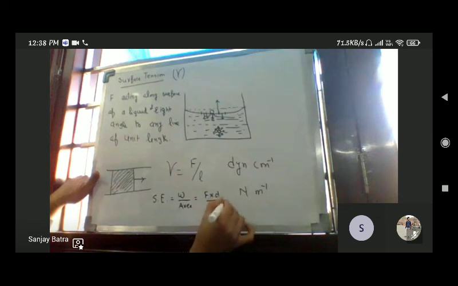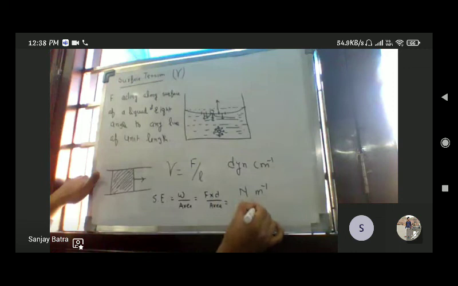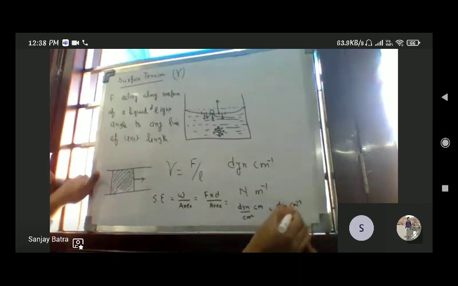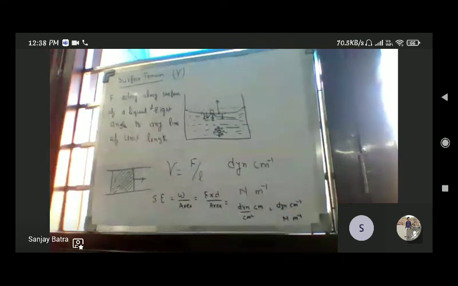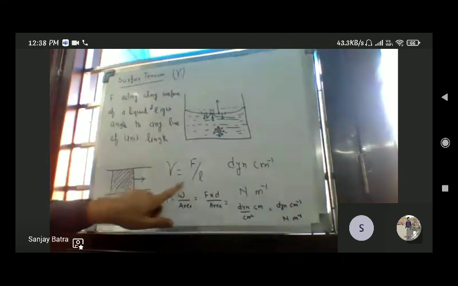Now if I write units of this, we will have same units. Dyne for force, for distance it is centimeter, for area it is centimeter square. So we'll finally have dyne per centimeter or Newton per meter. The units of surface energy as well as surface tension are going to be same.